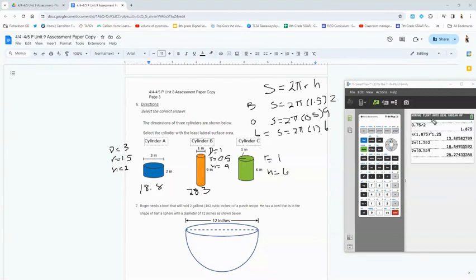I'm going to grab my calculator and do 2, second pi, parentheses 1, close the parentheses, and then I'm going to put 6. Enter, and I have 37.7. So it says, which has the least lateral surface area, so it would have been A. All right.